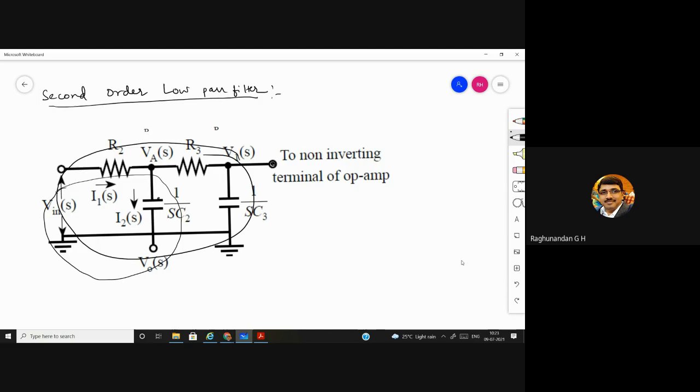Any answer? Repeat. Passive filter is also a part of active filter. We call it so in this case, in the sense, active low pass filter. Yes. Is it because the components resemble a passive filter?